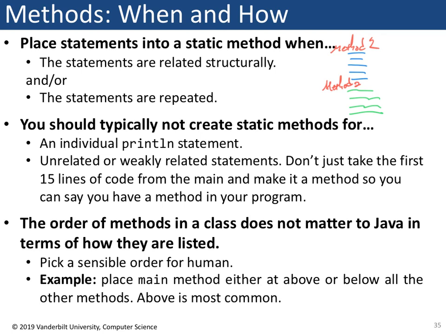So it's typical for either the main to occur first and all other methods to be grouped based on some reasoning after that, or for all of the other methods to occur first with the main occurring last. Either is acceptable. It's most typical for main to occur first with all other methods occurring afterwards.